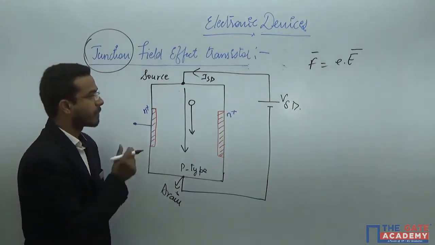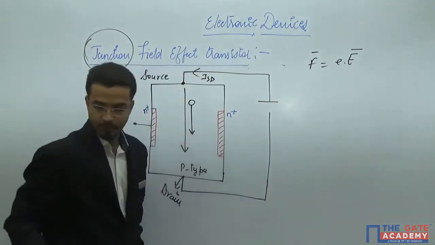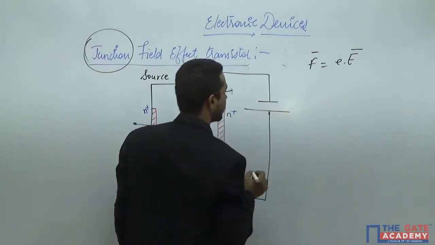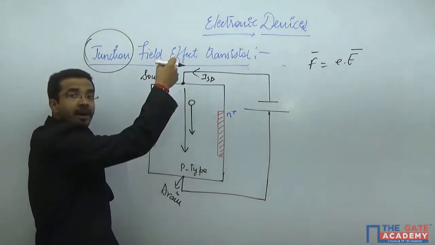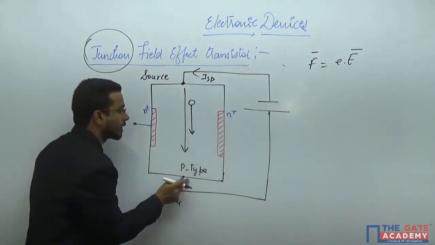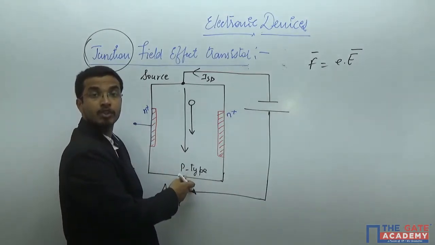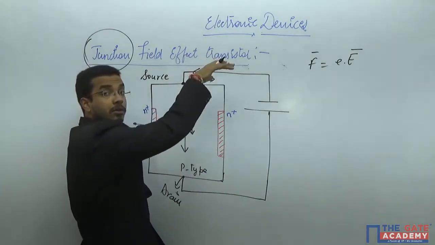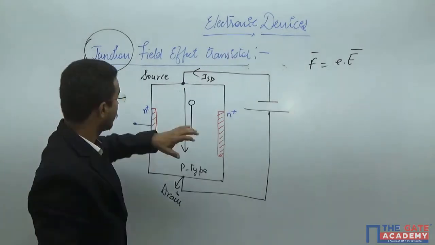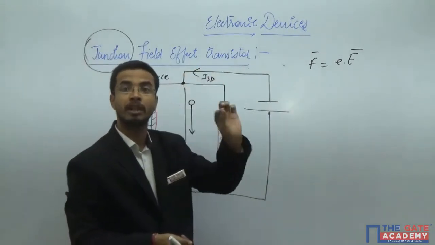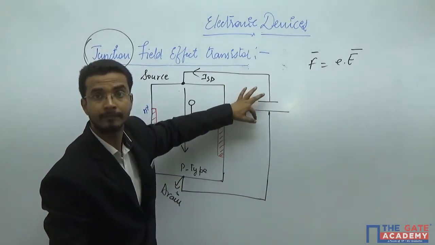But what is the beauty of this device? If you change the polarity of the applied voltage, what will happen? The electric field direction will be upward, so the holes will now move upward. At that time, this terminal will provide the majority charge carriers, so instead of drain, this terminal becomes the source, and this terminal will take out all the holes and become the drain. That means for this device you cannot say which terminal is source and which is drain until the battery is applied.